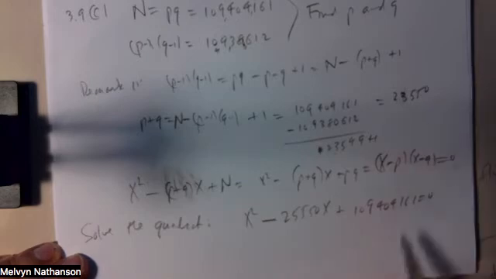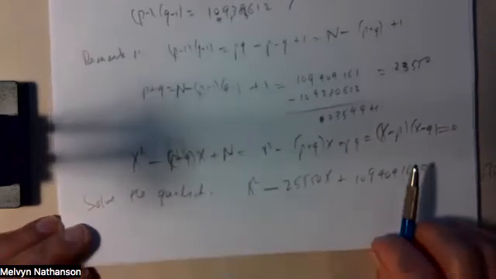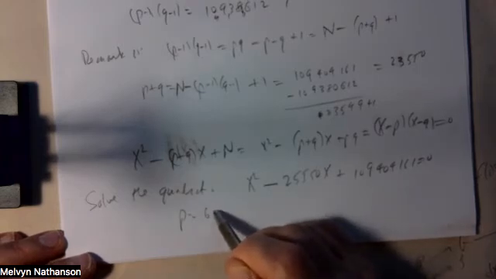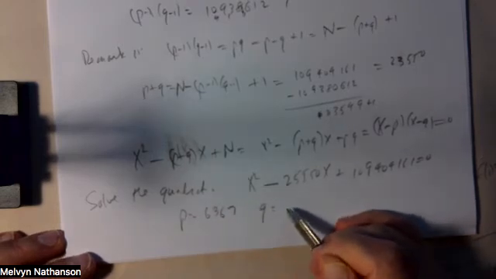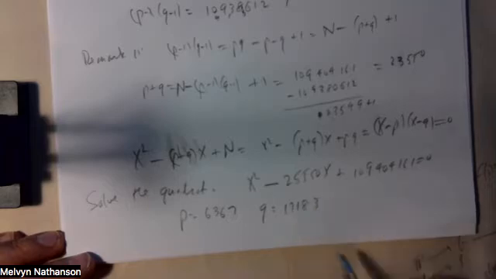Always good to do my arithmetic correctly. This is 23,550. And if you solve the quadratic equation, you get p is 6,367 and q is 17,183.